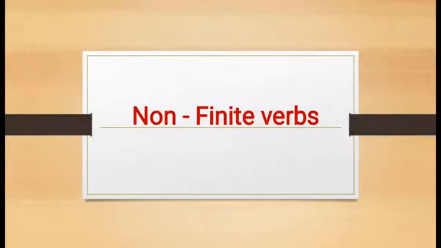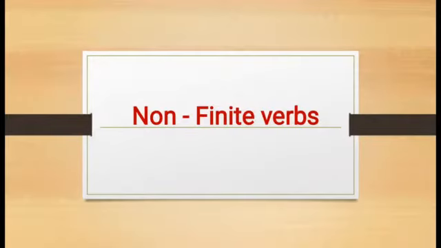I have already taught you that a non-finite verb is a verb that is not finite. Now, what is finite? Finite means limited in extent, or you can say a verb form which is limited to a specific tense, number and person.